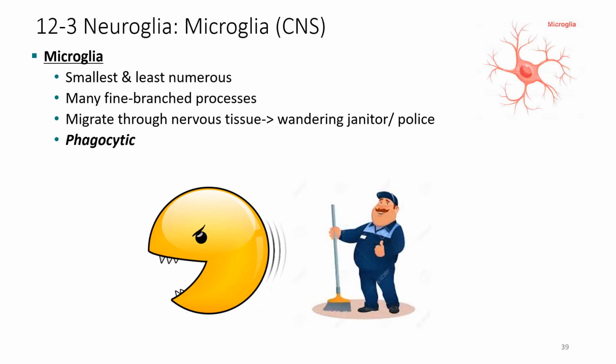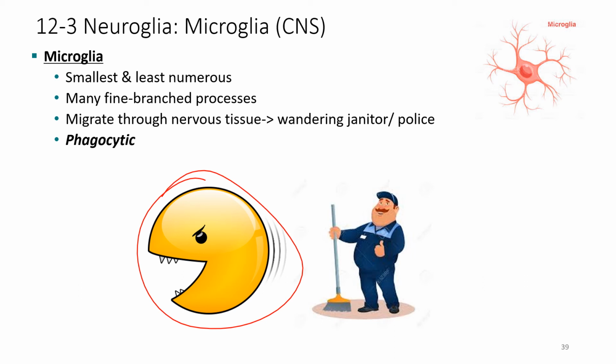And then our microglia are our smallest and least numerous neuroglia. These ones are small with lots of fine branch processes, and they migrate through the nervous tissue, acting like a little wandering janitor or police officer. They are phagocytic. Remember, phagocytes are cells that might eat pathogens and debris, so they are going to be responsible for cleaning up cellular debris, waste, and pathogens.